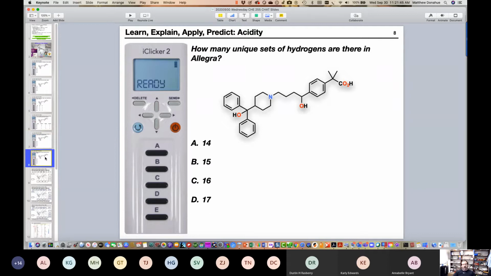So let's look at another one. And so this is going to be our transition into elevating what you know how to do to the next thing that's appropriate for chapter 3. So how many unique sets of hydrogens are present in Allegra?